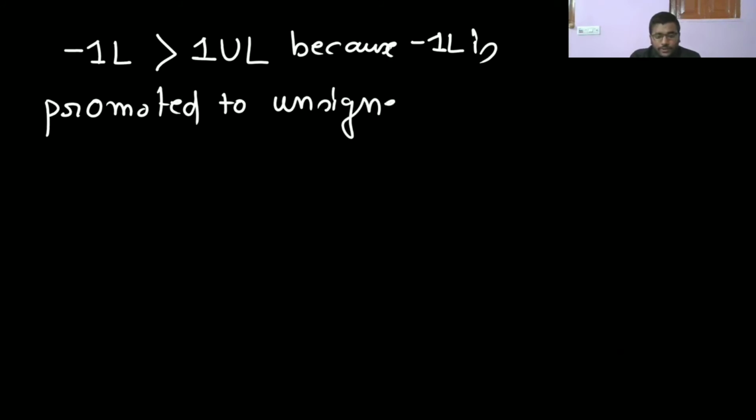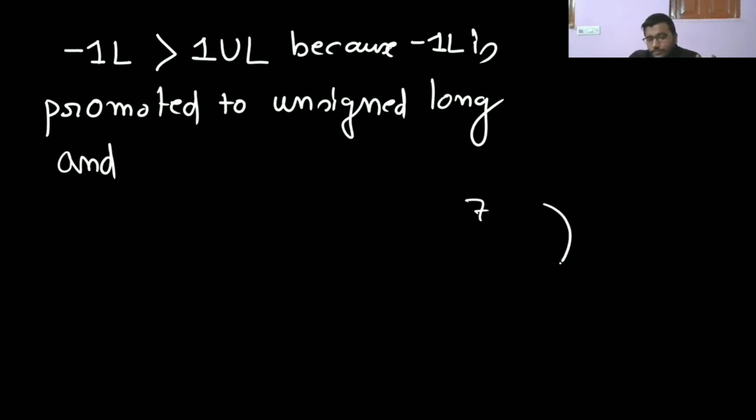Unsigned, promoted to unsigned long, and thus when it's converted to unsigned long, with a simple example I can make you understand. The size of long is going to be a very big number, so minus will not be there.